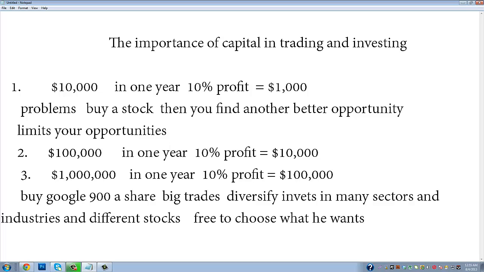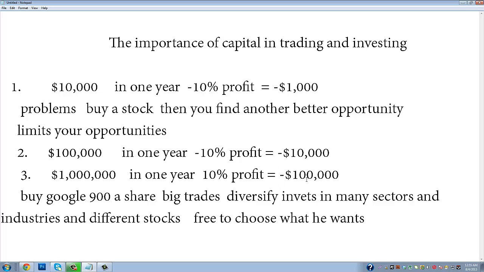Now it could be 50%, it could be 100%, it could be 1%, or it could be a loss. Suppose that you have a 10% loss, so you lose $1,000. If you have a loss here, you will lose $10,000 here, and if you have 1 million, you will lose $100,000.